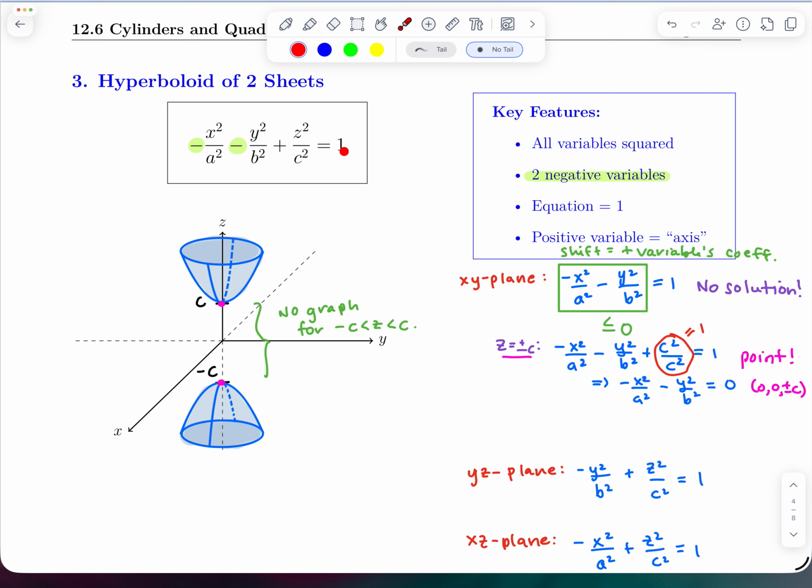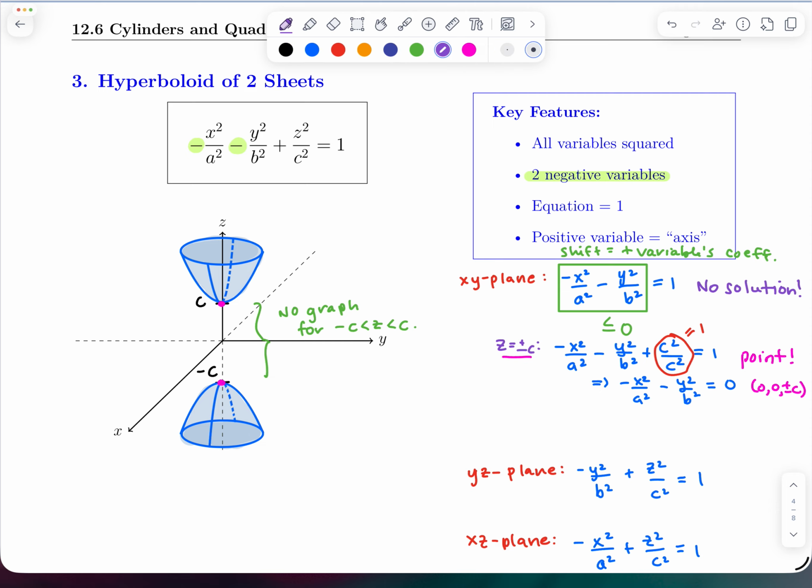The only way that's going to happen is if this term is at least 1, because this only serves to make z squared over c squared smaller, since x squared and y squared are positive and their subtraction would be less than or equal to 0. So that tells me that z has to be at least c or negative c before it's possible to add something less than or equal to 0 to something that I get from z squared over c squared and get up to the value 1.